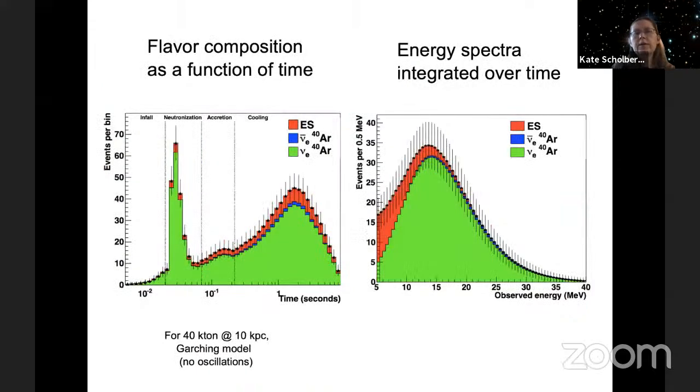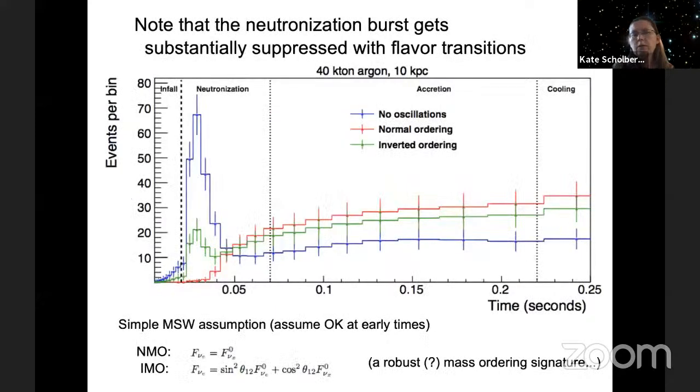What I showed you here is without flavor transitions, with no oscillations. In fact, there is likely to be a very large effect from flavor transformation inside the supernova. And you can see there's a very strong effect. And it depends on the neutrino mass pattern. And this means we have a way of getting at the question of neutrino mass ordering. And you can see you get a suppression in this neutronization burst for inverted hierarchy and a very strong suppression in normal.